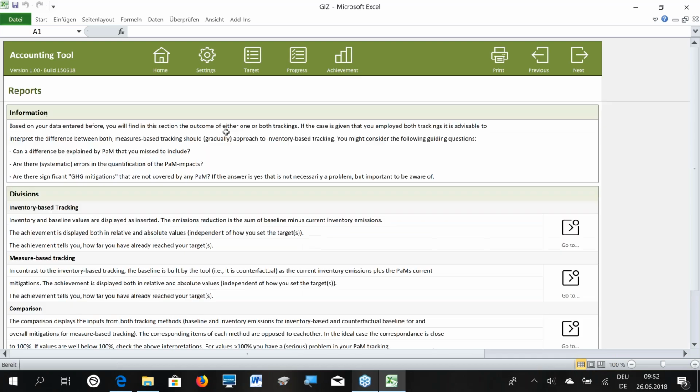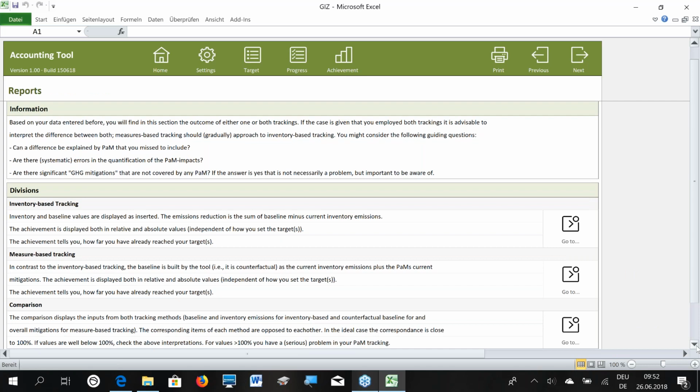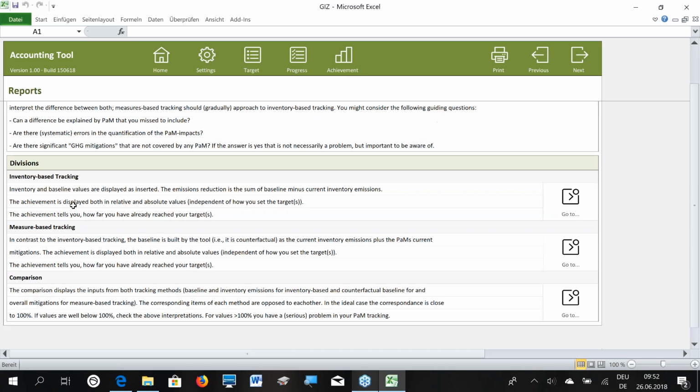And with this, we can have a look already at the reports, on the result of your accounting. Again, you have this inventory-based tracking, measure-based tracking, and the comparison. For the tracking, one instrument is generally enough, but you can apply the second one. As I said, it's an option.